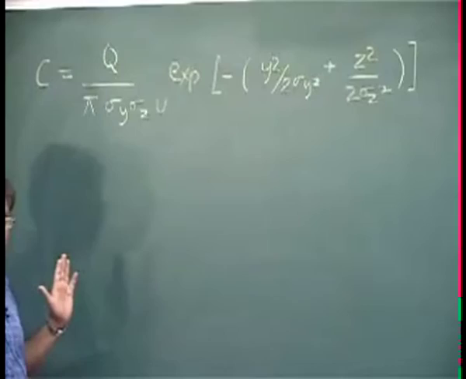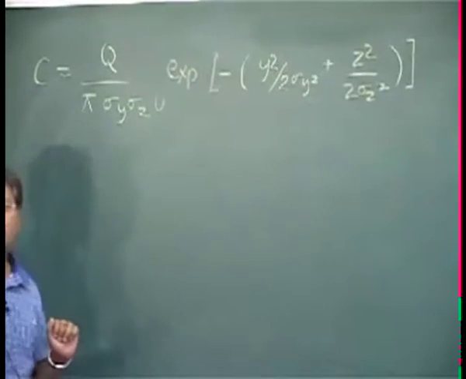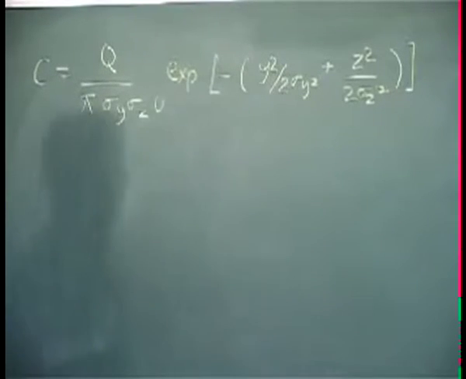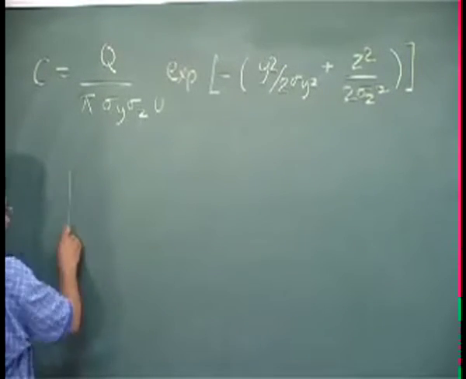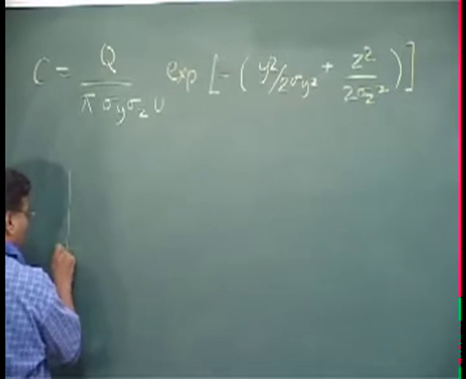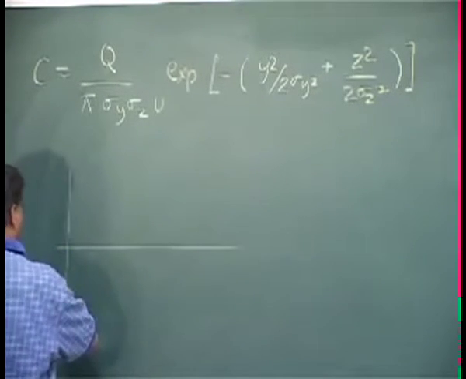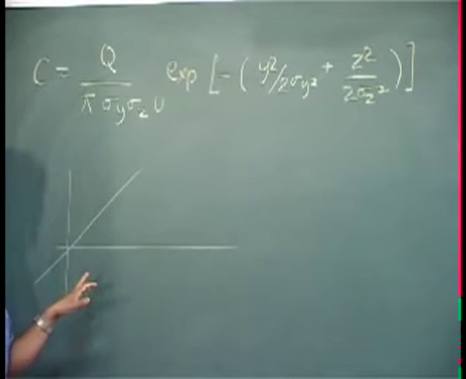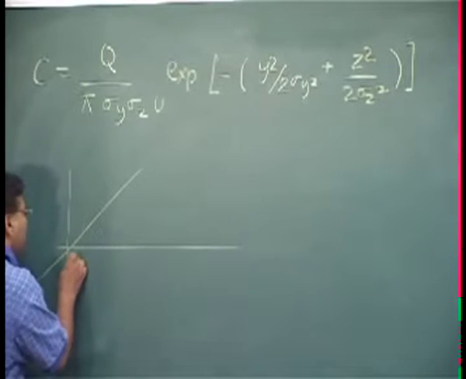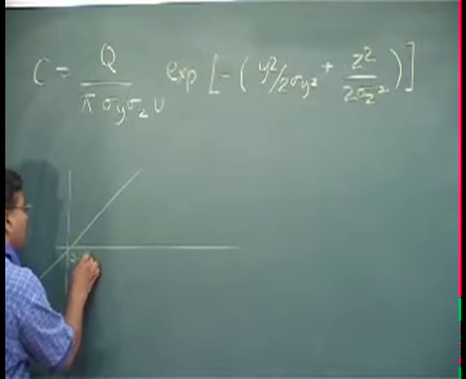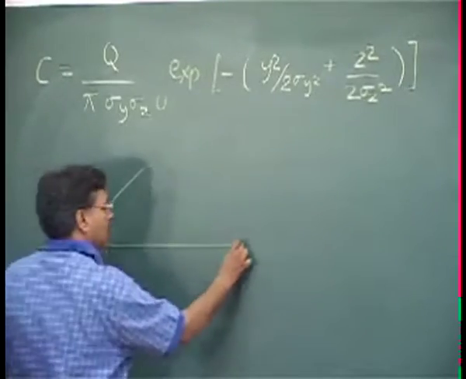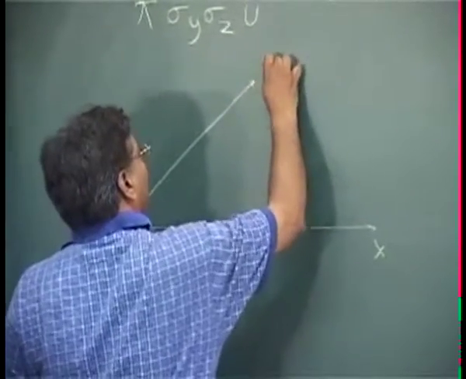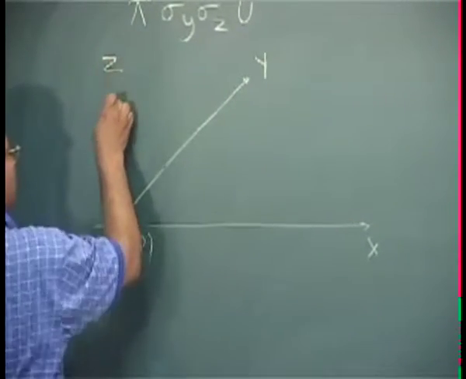If you see in this equation, where our source was. If I draw the coordinate system again, when I am talking about z, this is my origin 0 0 0, with the x direction, y direction and z direction.